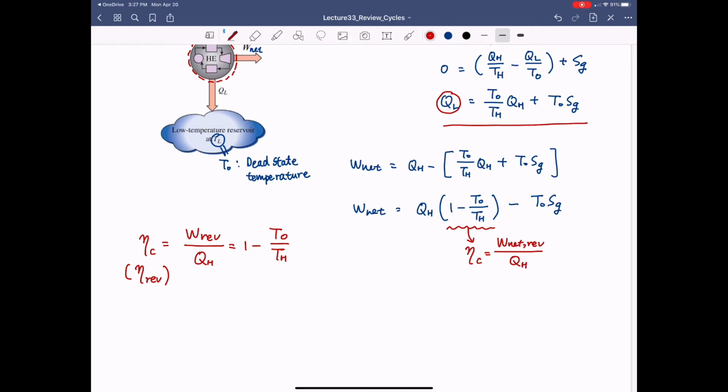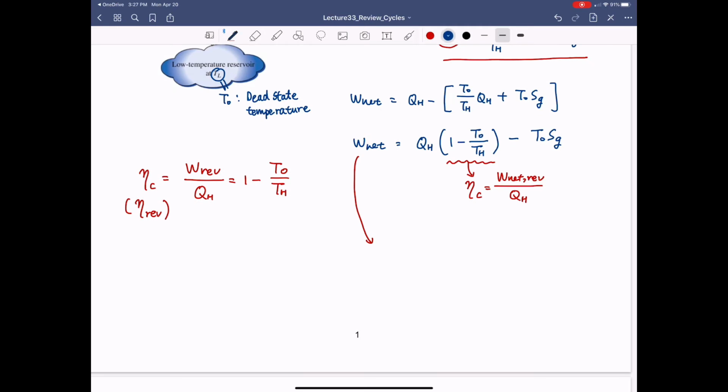Now, how we can interpret that equation is that your net amount of work in a real cycle is actually smaller than the reversible work that can be understood from the first term, right? So now we have QH here, and this one is the reversible Carnot cycle efficiency and can be understood as the net amount of work for the reversible process divided by QH.